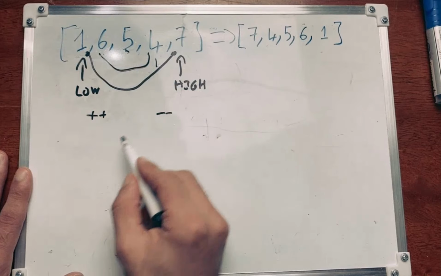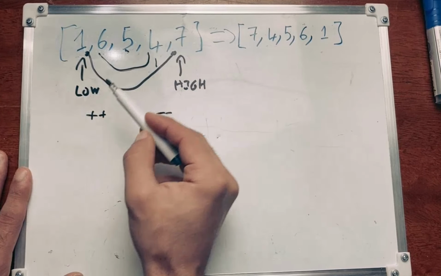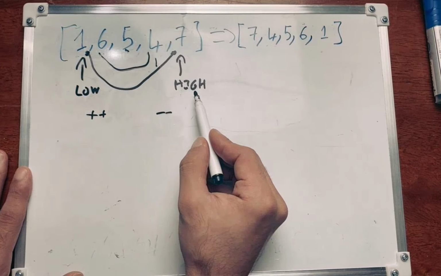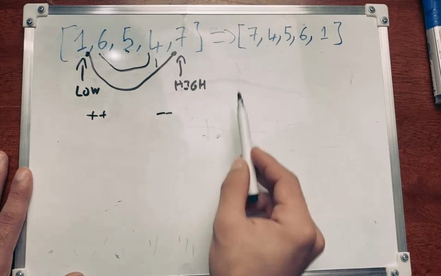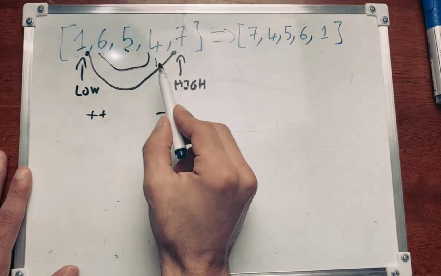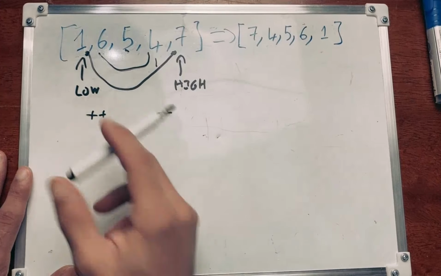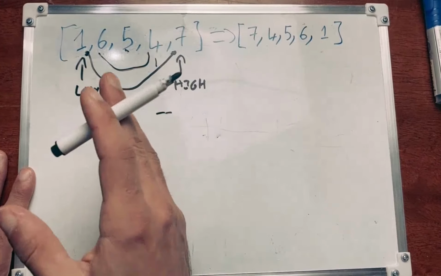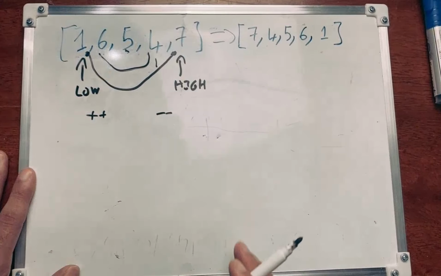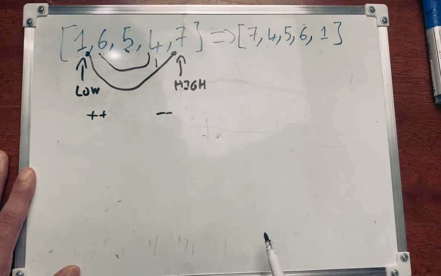Then we do that again until the low is no longer smaller than the high, so it's equal or, of course, greater than the high. We keep redoing this. This is how we can reverse an array in O of 1 space. The time complexity is O of n in both cases, but in this way we saved ourselves from allocating more memory.